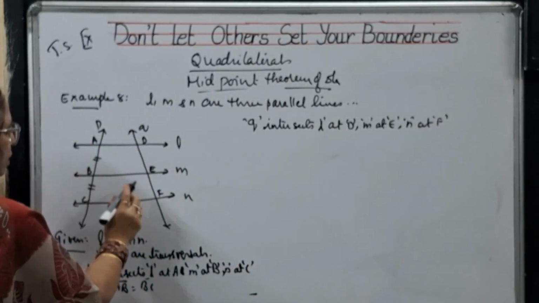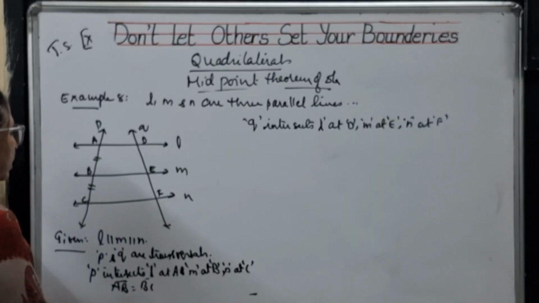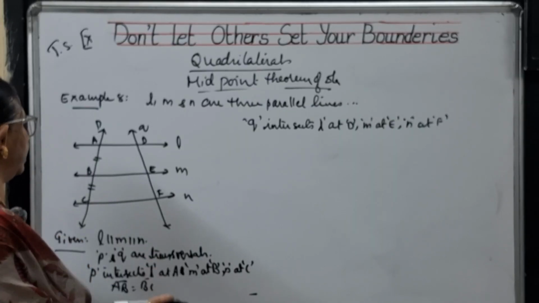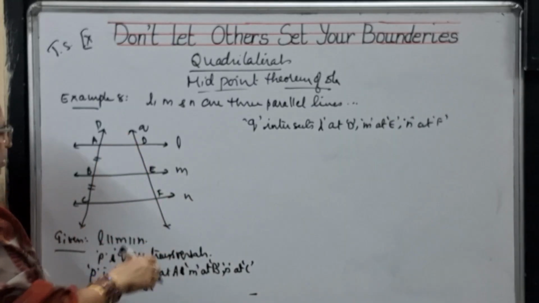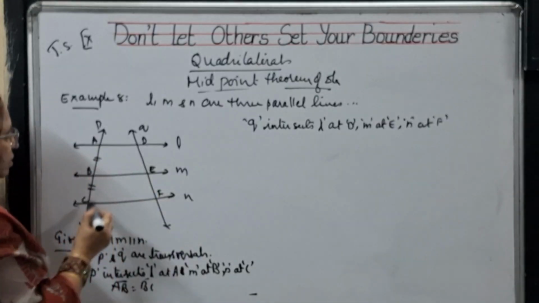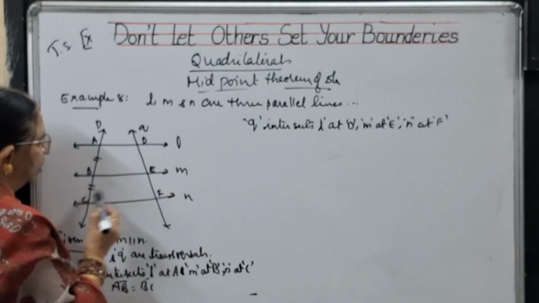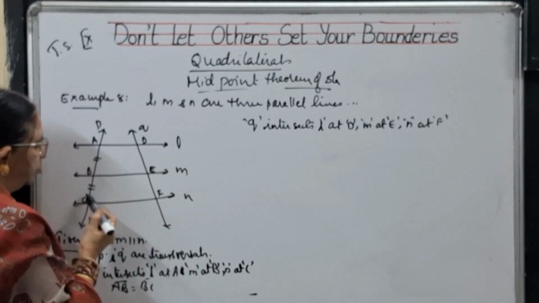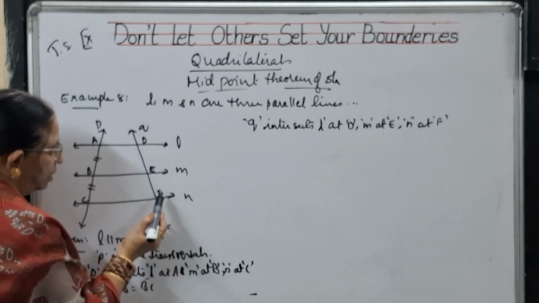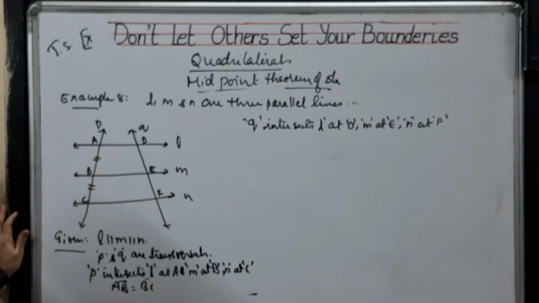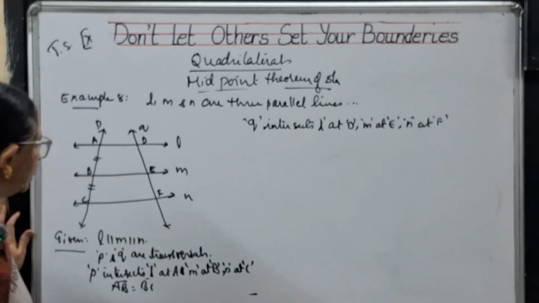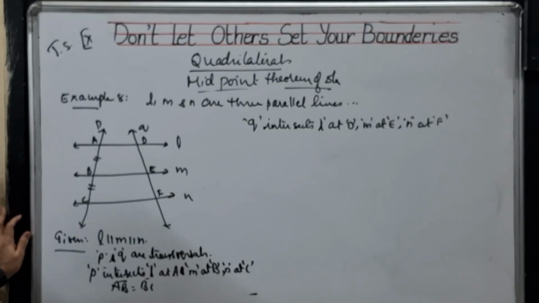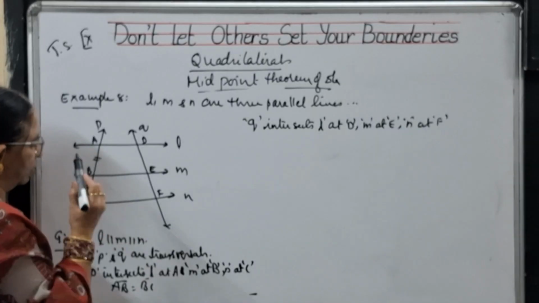Three parallel lines, L is parallel to M and M is parallel to N. P and Q are two transversals. These transversals are intersecting the lines at A, B, C, D, E, F. Q intersects at D, E, F. P intersects at A, B, C. And also they have given AB is equal to BC.